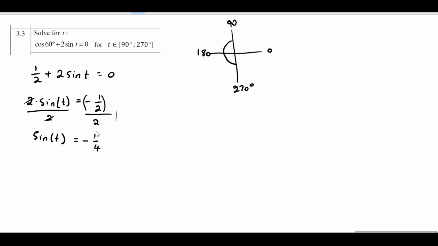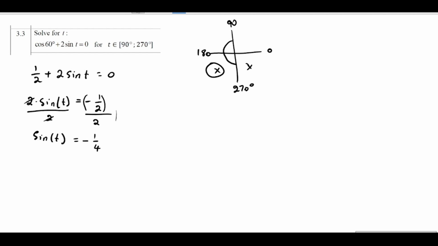All right, now sine is negative. Where do we find sine to be negative? We find sine to be negative here and here. So when you're solving for the value of t, our focus on quadrant is going to be the one where sine is negative. Remember, that's incorrect.